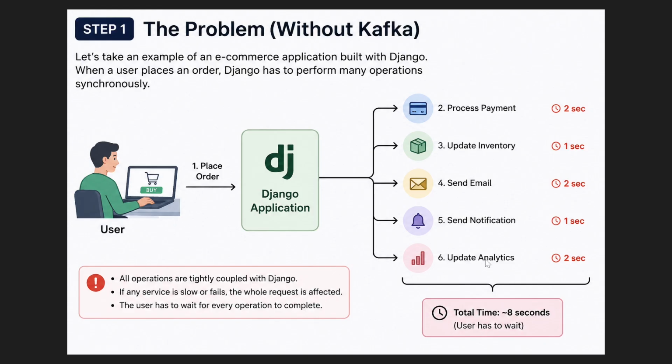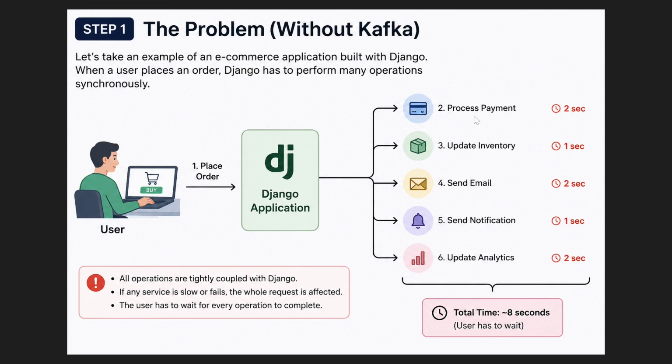So one approach would be to make our Django API call all these services directly. But as the application grows, this can make our application tightly coupled, and also the API request may have to wait for many of these operations to complete.